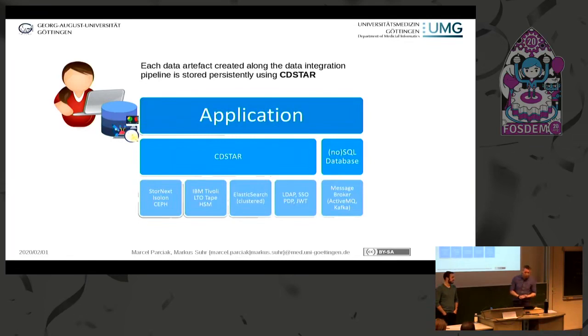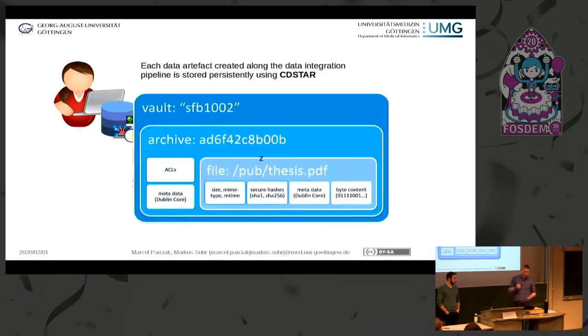It's a data storage middleware, basically. So we mask all the underlying block storage options that are run in the data center. We put a REST API in front of it, and we can just use REST calls to store data items together with access control lists and metadata about this item.